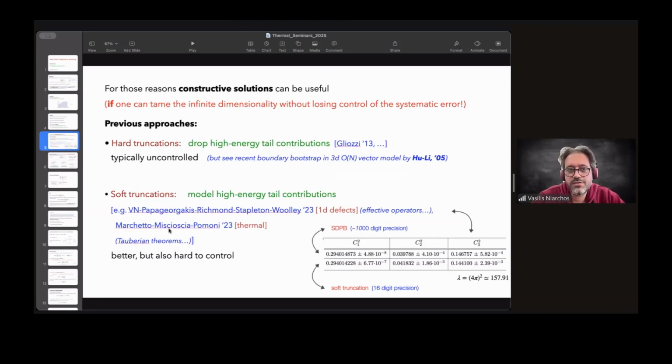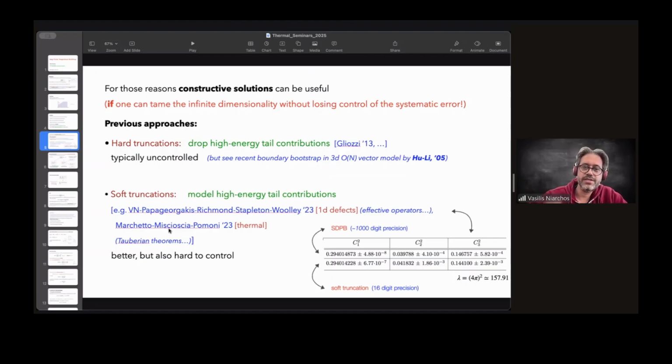So in previous approaches, the way one would proceed in order to construct solutions, to solve explicitly the equations and not just ask about feasibility conditions, was, first of all, to do hard truncation. So you have this infinite sum, you truncate it somewhere, you expect or assume that the rate of convergence is fast enough.